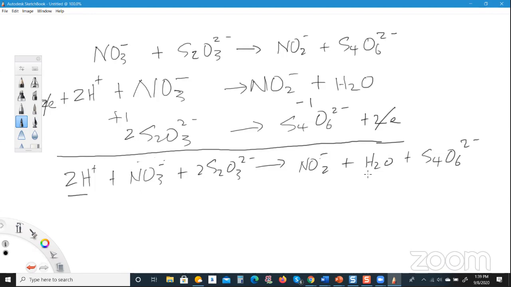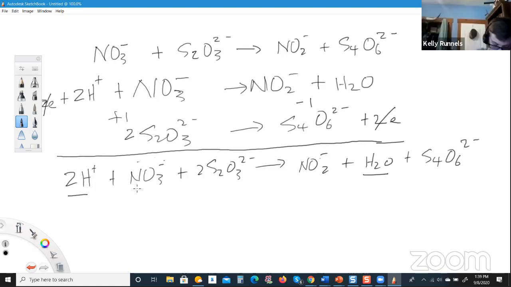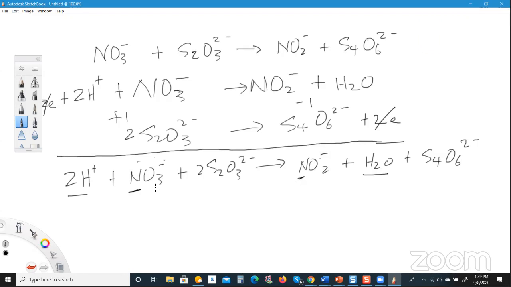2 hydrogens here, 2 hydrogens there. Nitrogen is here, nitrogen is here. We have 3 plus 6 oxygen, so that gives you a total of 9 oxygens. Here we have 2 plus 1 plus 6, so that's 9 oxygens.